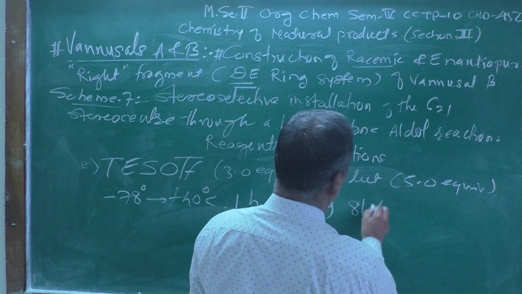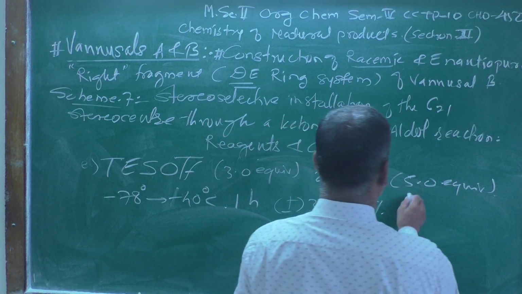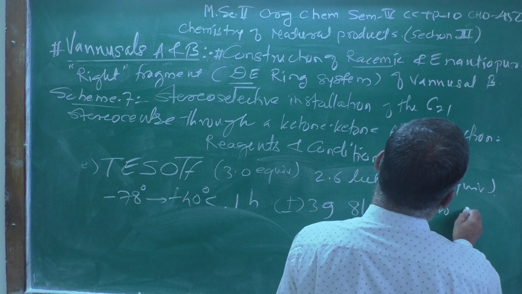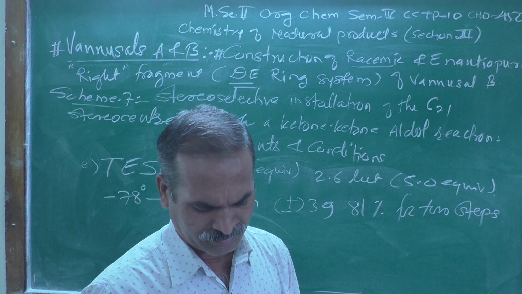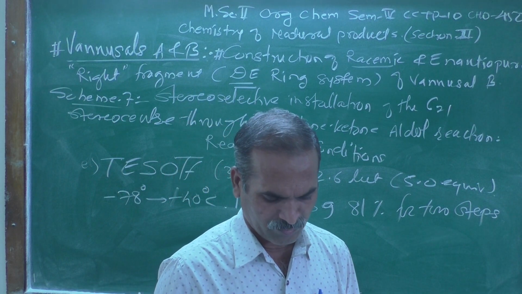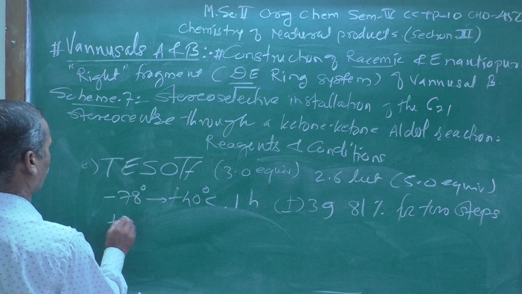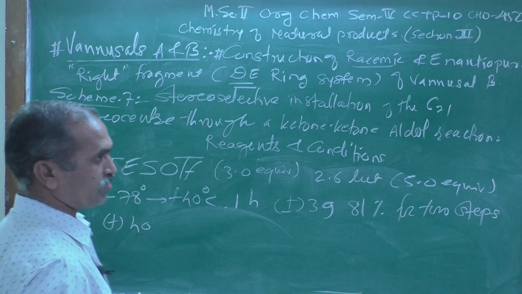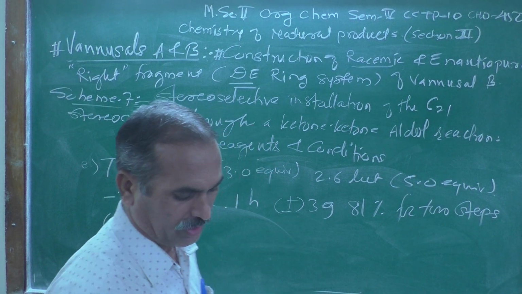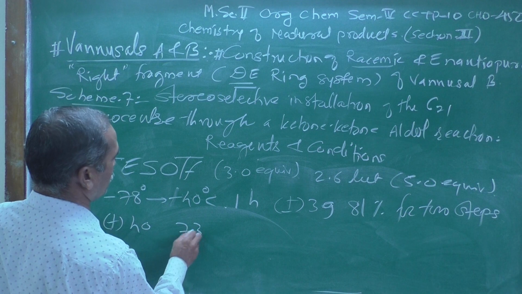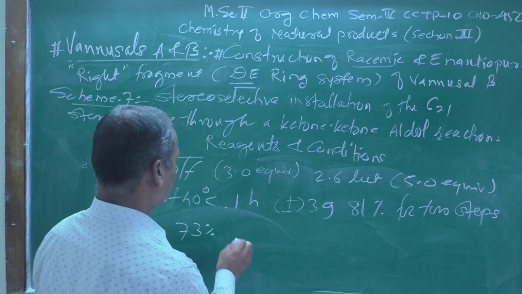approximately 81%, very high yield for the two steps, and plus 40, pure enantiomeric compound 40, was obtained near about 73% for the two steps.